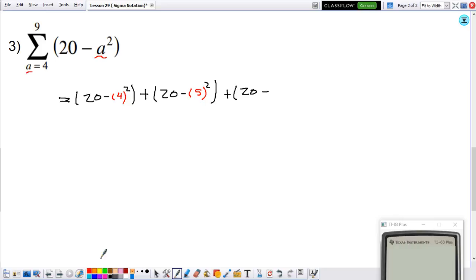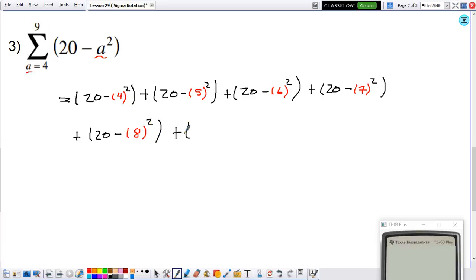Then we got 20 minus 6 to the second. And then we're going to just repeat this process. But in every single term, we need to change the value for A. So 7 is the next one, plus, we're almost there, 8 to the second, plus, again, we need to pay attention as to where you are finishing.